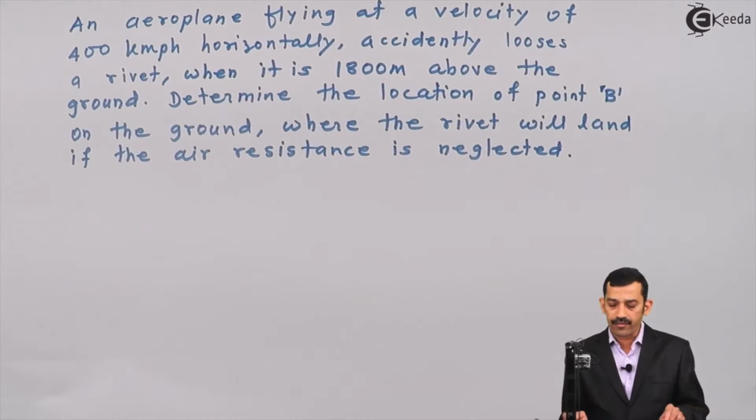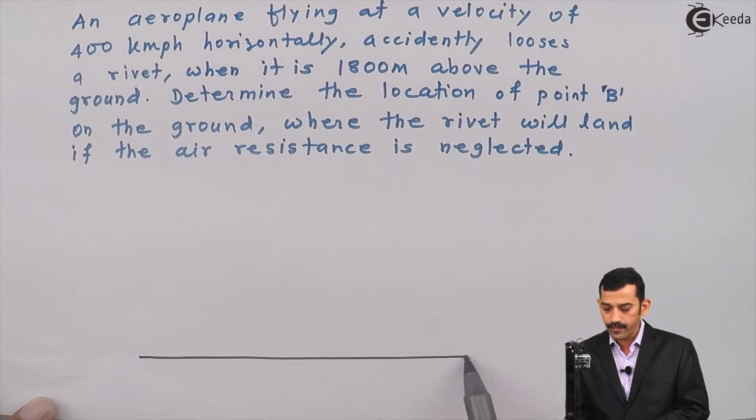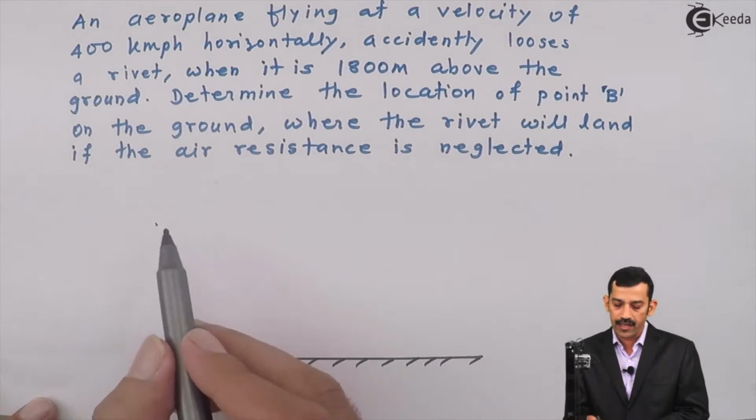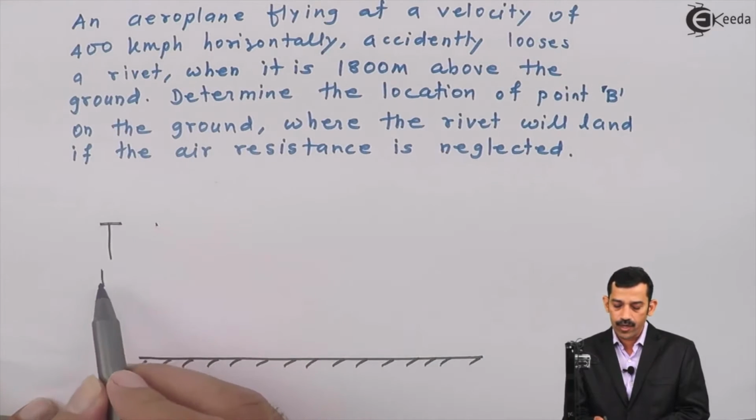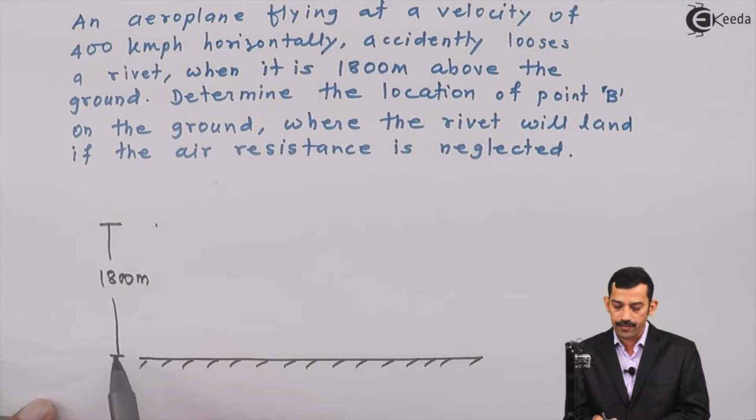If you want to draw a simple diagram, say this one is the ground. The initial position of the aeroplane is 1800 meters from the ground.